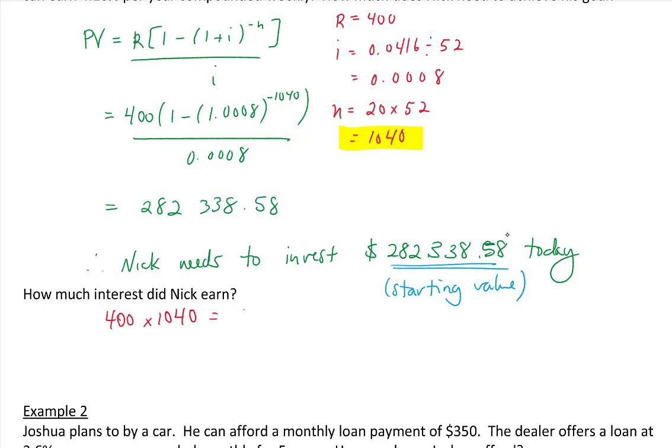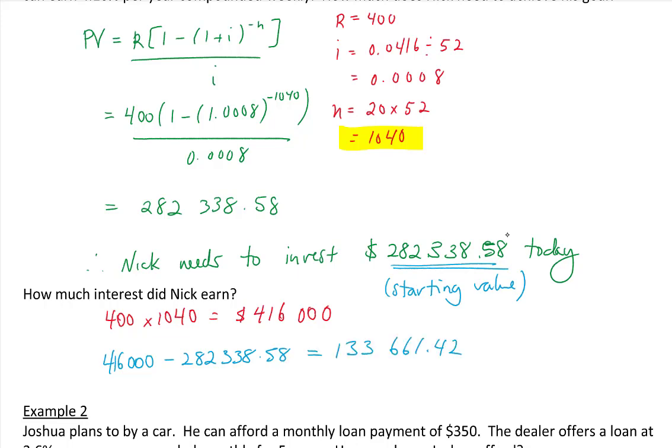So he withdrew a total of $416,000, and therefore the interest earned, or how much he made, is just the difference between $416,000 and how much he started with, $282,338.58.